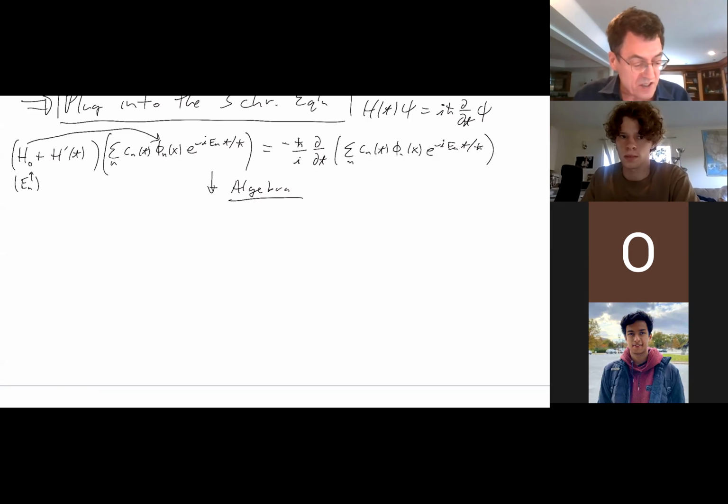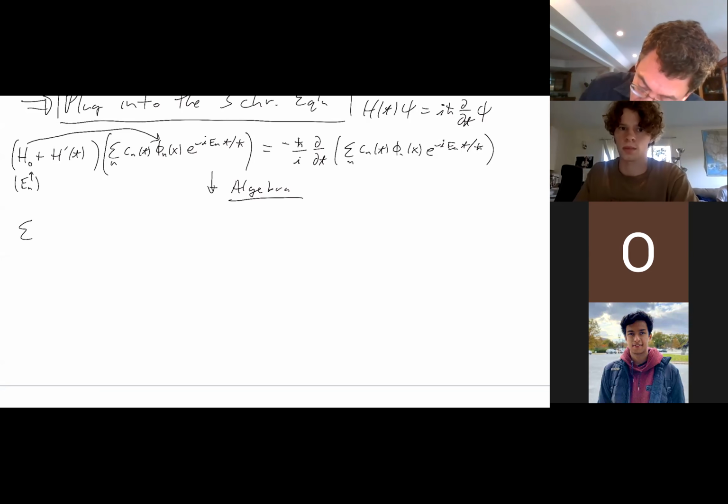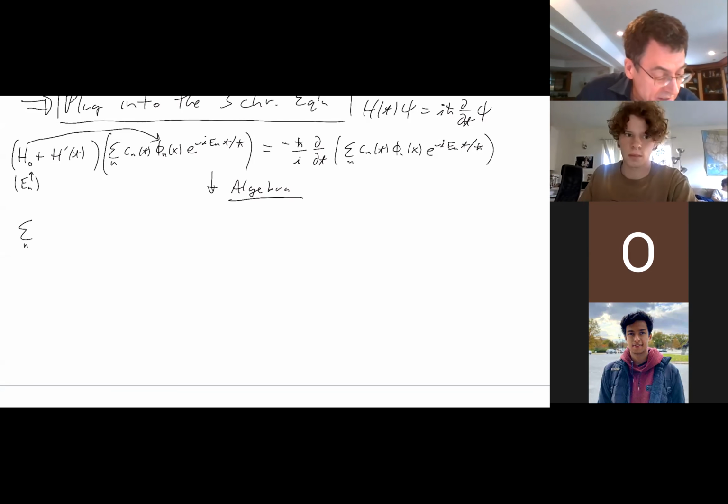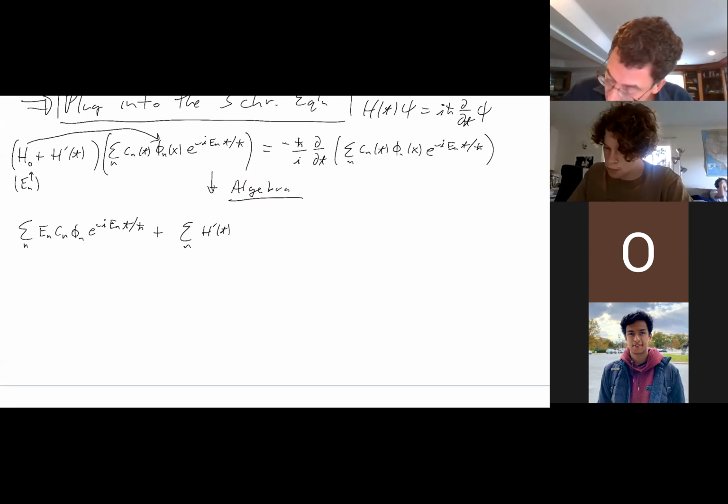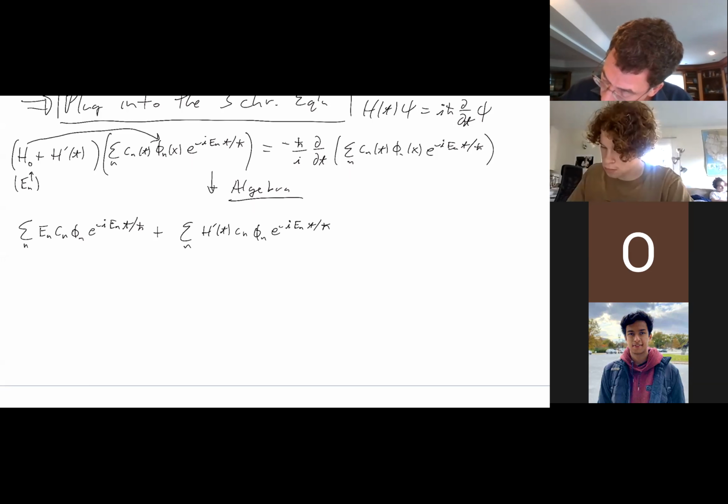So when the H naught hits it, it's going to be a sum over n of E n, c n, phi n, e to negative i E n t over h bar. Then when the other guy hits it, it's going to be the sum over n of H prime of t, c n, phi n, e to negative i E n t over h bar. So we're just grinding through the algebra. It's not hard. It's tedious, but it's not hard.